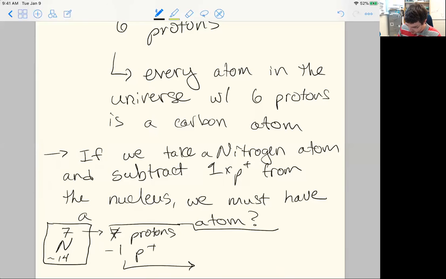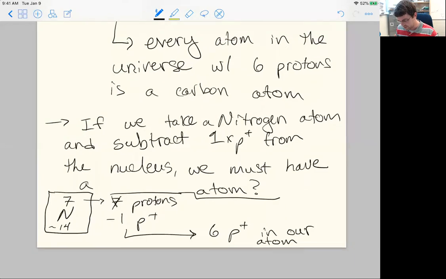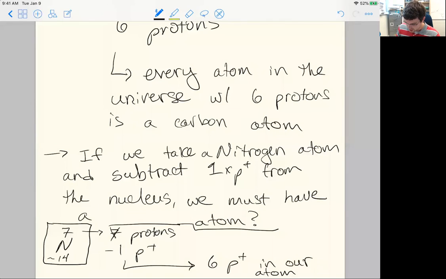That's going to give us a new element with 6 protons. We took 1 proton out of our nitrogen atom and we got to a 6 proton atom. And what does that mean? That means it's now a carbon atom, because every element in the universe with 6 protons is a carbon atom.